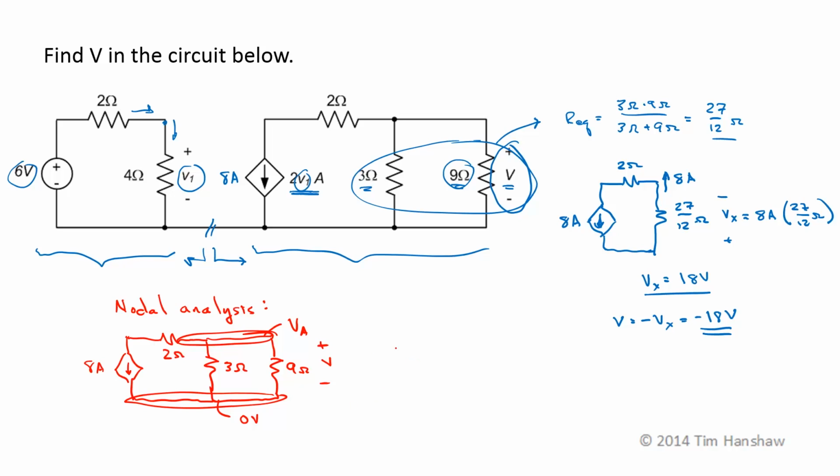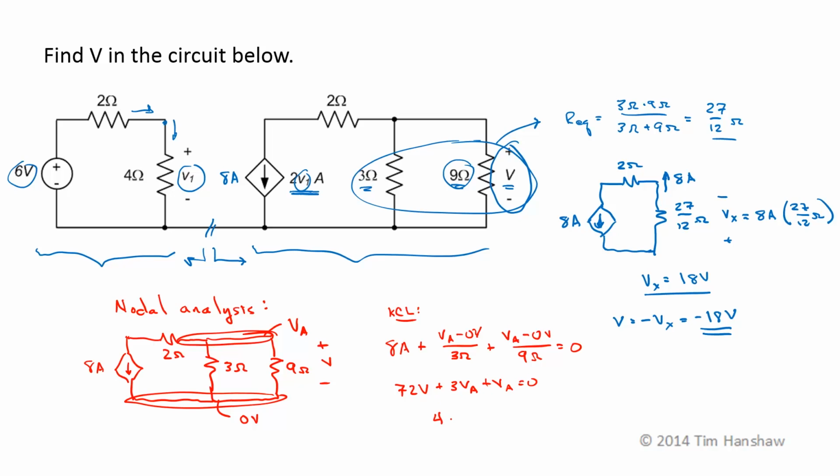So KCL here says that 8 amps is leaving, plus the current through the 3 ohm resistor is V sub A minus 0 volts over 3 ohms, plus V sub A minus 0 volts over 9 ohms is the current through the 9 ohm resistor. So if I multiply through by 9, I get 8 times 9, which is 72 volts, plus 3 VA plus VA is equal to 0.